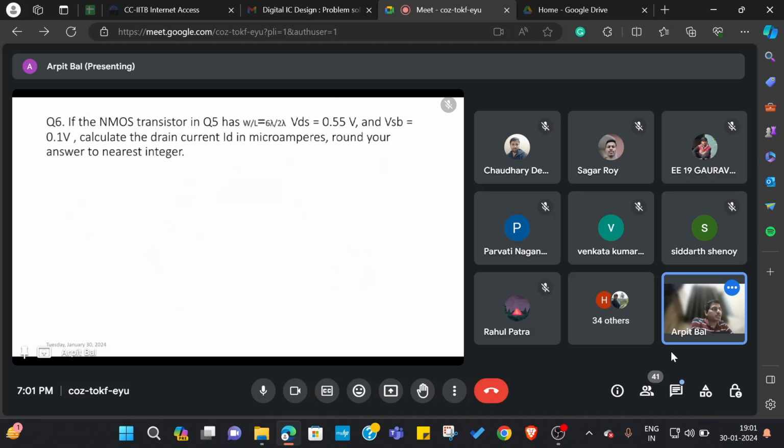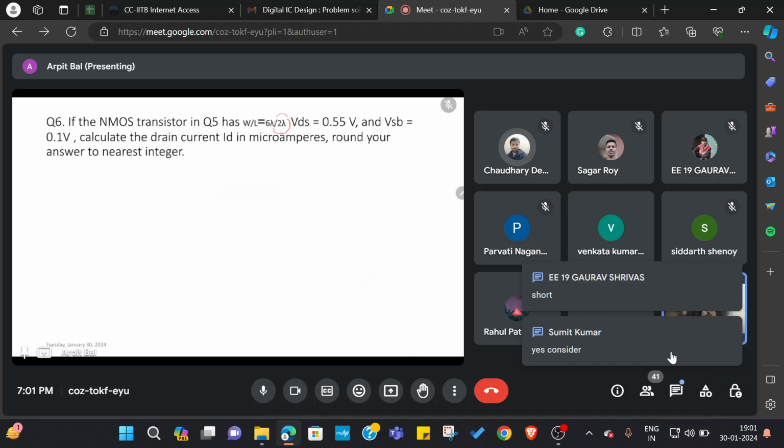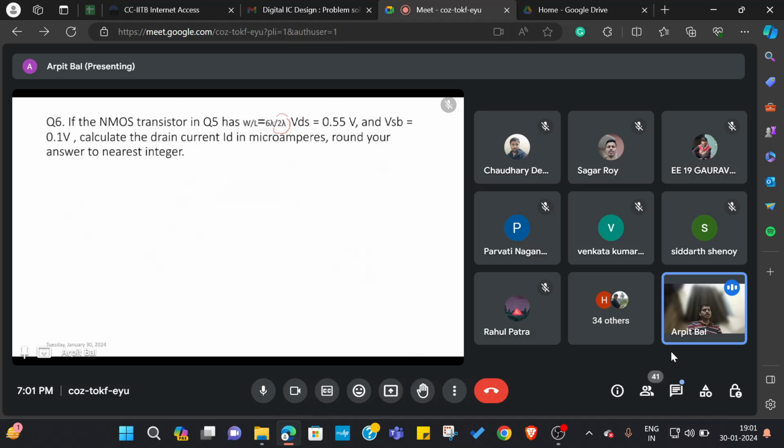Okay, so now can someone tell me whether we need to consider the short channel effects or not? Yes, sir. Correct. This is because the length is 2 lambda, so we have to consider the short channel effects that are going to occur.